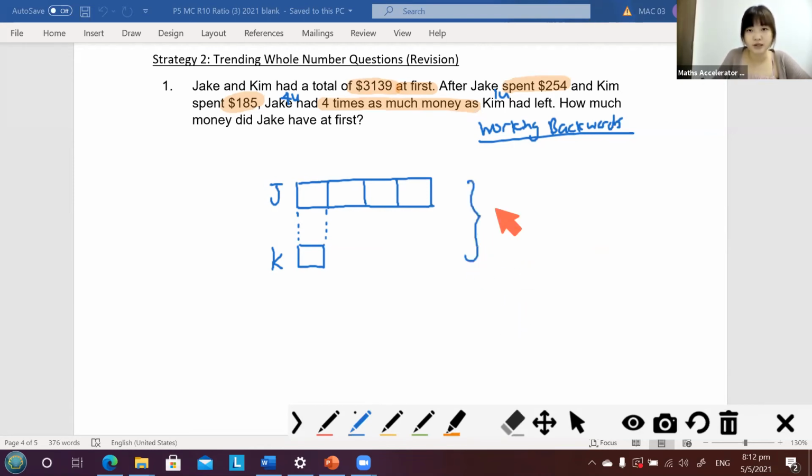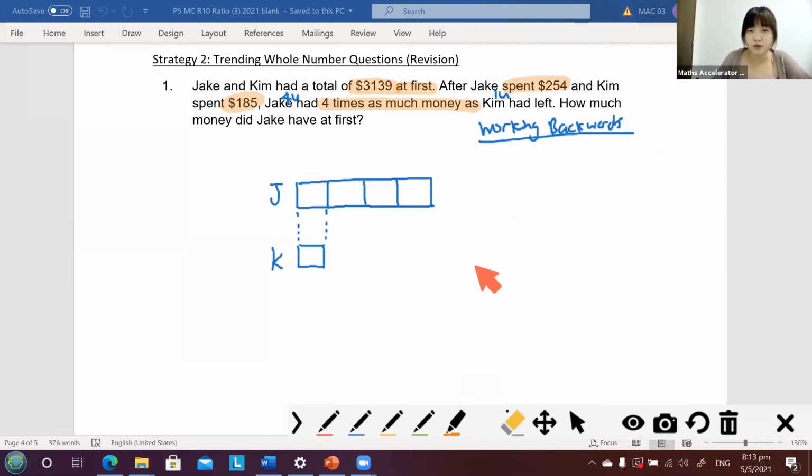Can I put this like that? You type in the chat, yes or no. Is this correct? Okay, good. If you say no, okay, that's correct. You cannot put this here because whatever you drew here is at the end. But you see the 3139 is at first.